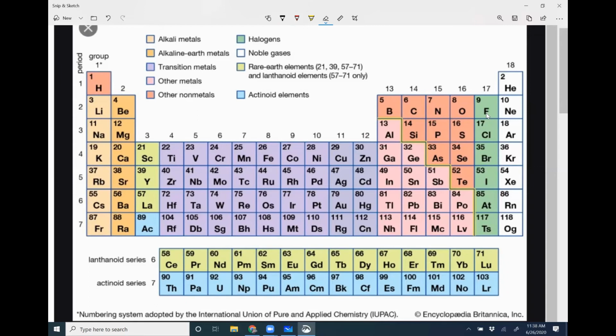Fluorine is considered the most reactive, and that's because they're all one electron away from becoming a noble gas, so they want to gain that electron very quickly. So that's why they form -1 ions. The oxygen group tends to form -2, and the nitrogen group tends to form -3. But again, this staircase separates metal from non-metal, so these guys tend to break that rule down here.